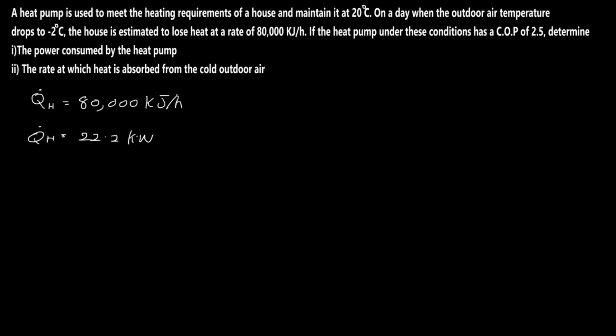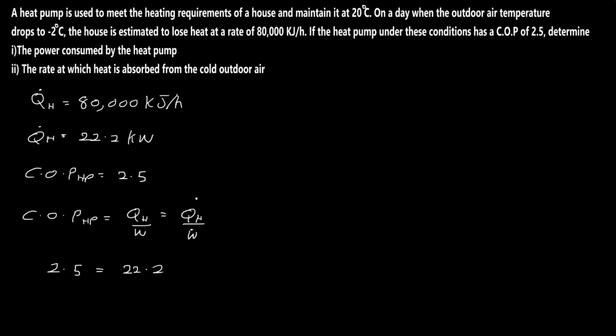We've also been given the coefficient of performance of the heat pump as 2.5. And for a heat pump, the coefficient of performance equals QH divided by W, or Q̇H divided by Ẇ. So 2.5 equals 22.2 divided by Ẇ, and we obtain Ẇ, the rate of work input to our heat pump, as 8.88 kilowatts.